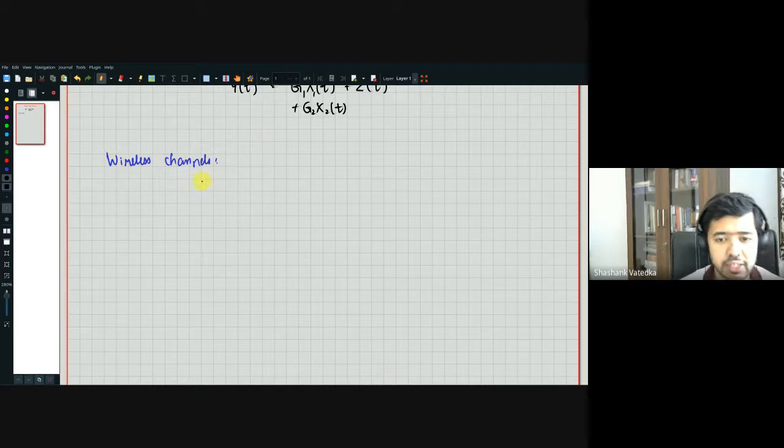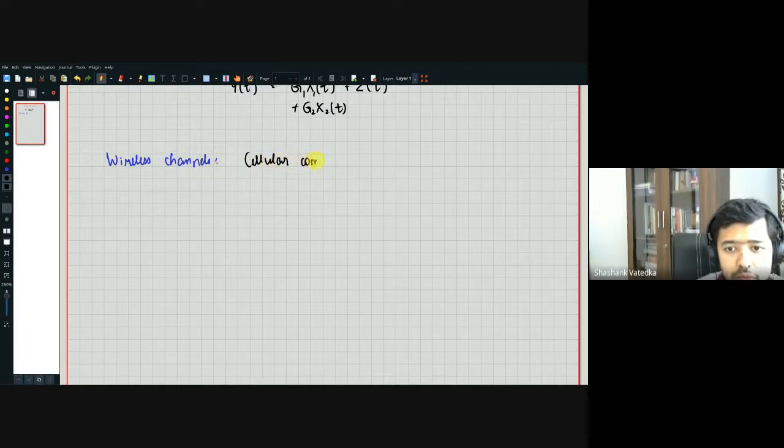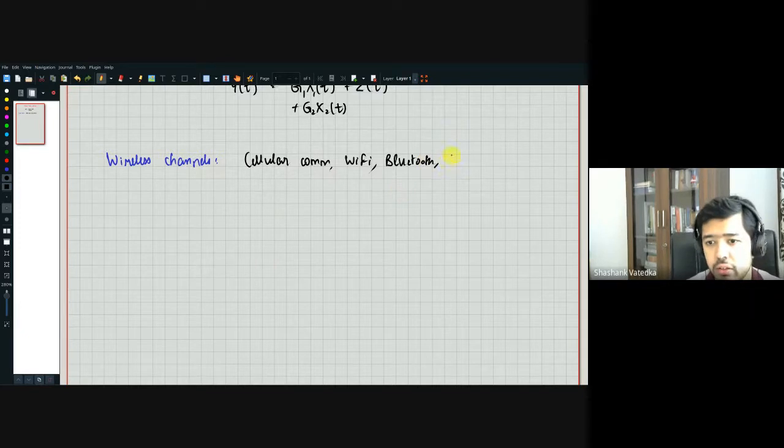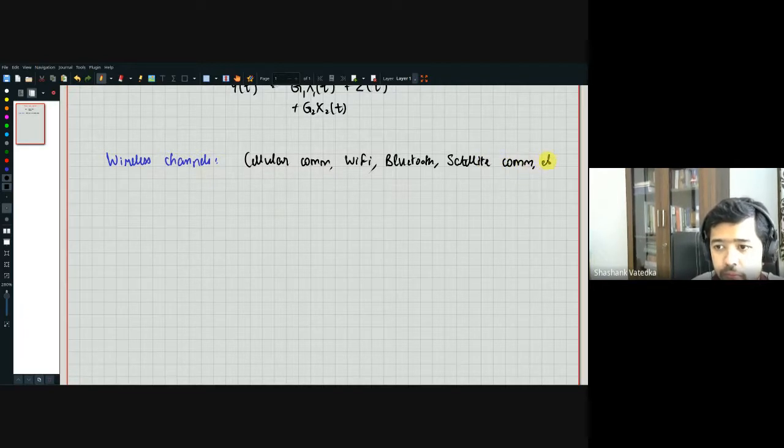Typical examples include cellular communication, things like Wi-Fi, Bluetooth, long distance communication such as satellite communication, etc. Right?